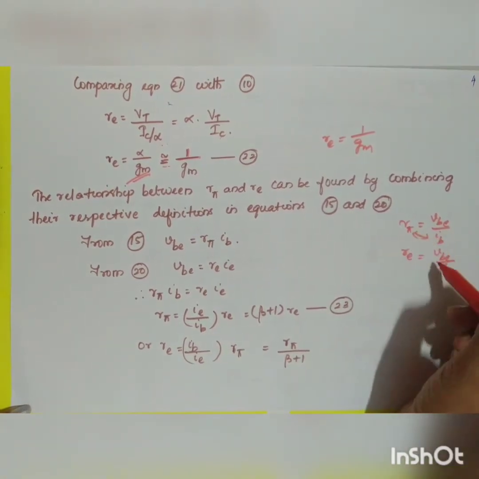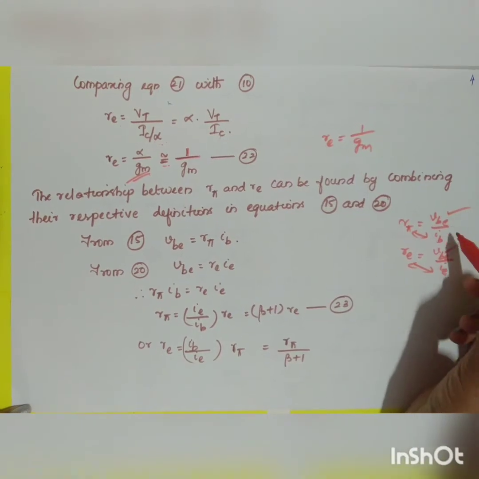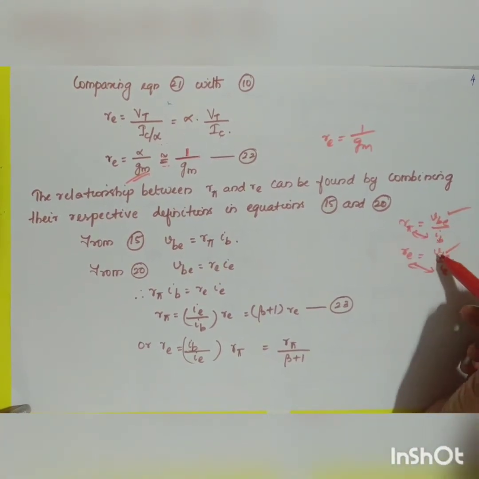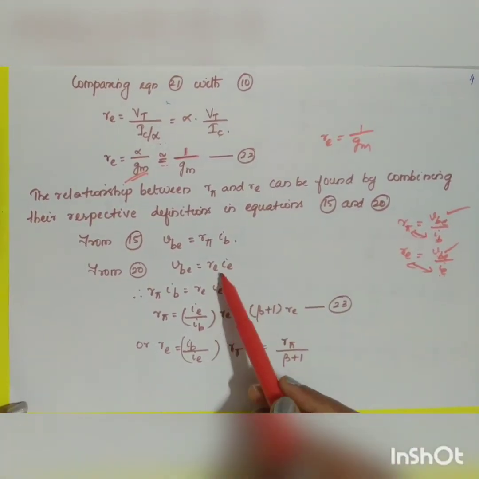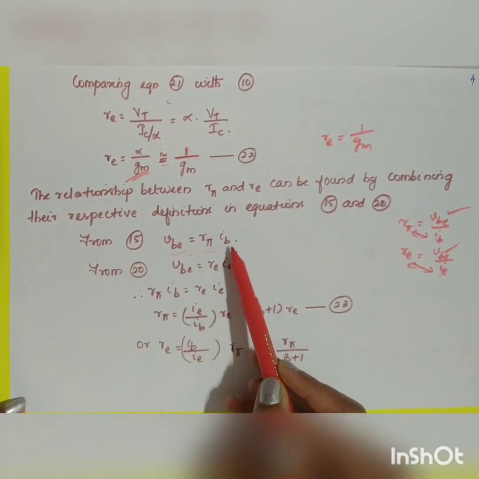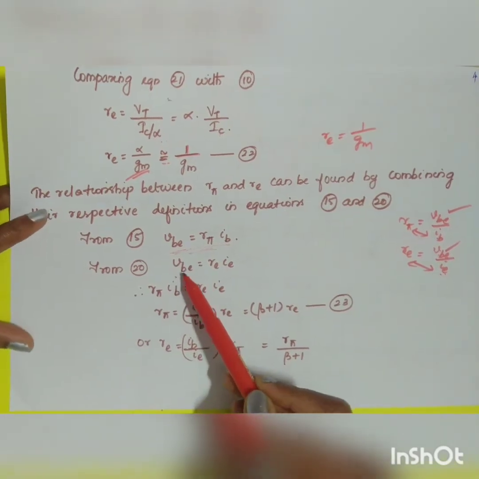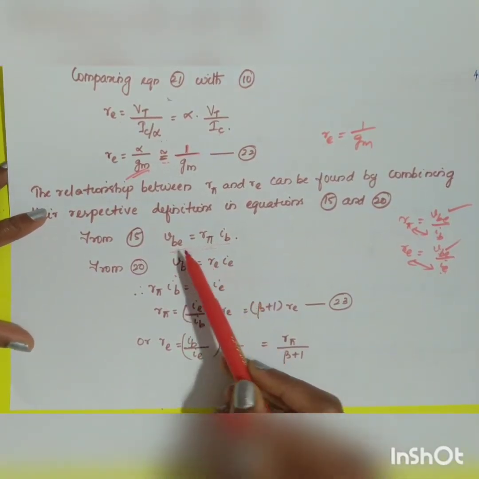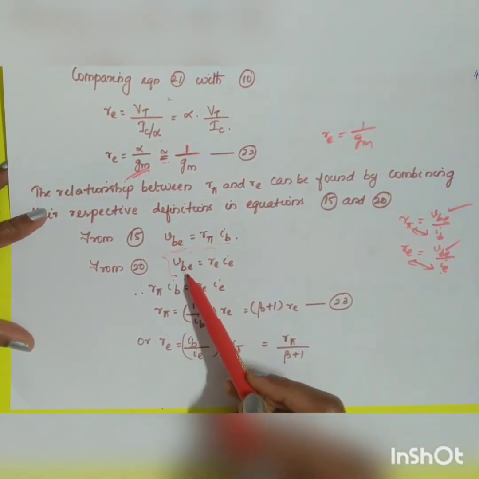If you cross multiply, this vb is the same: vb is equal to r pi into ib, and vb is equal to re into ie. That is what is written here. From equation 15, vb is equal to r pi into ib, and from equation 20, vb is equal to re into ie. Both left-hand sides are the same.